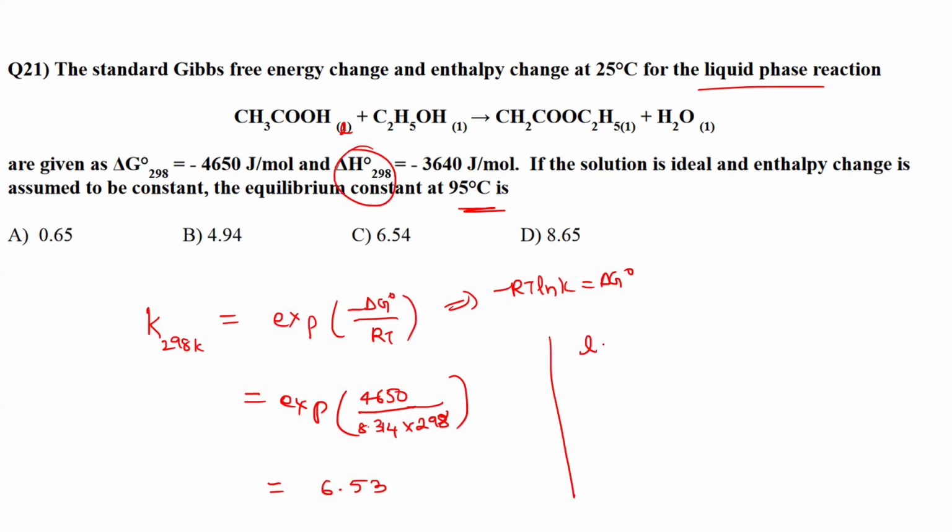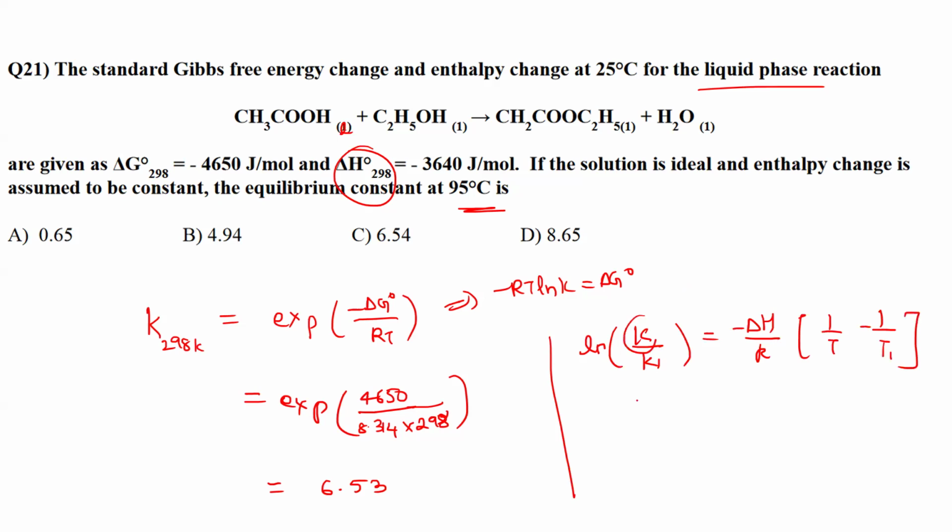Now I have one more equation, which is ln K by K1 equal to minus delta H by R into 1 by T minus 1 by T1. Now, I know this K1 equal to 6.53.